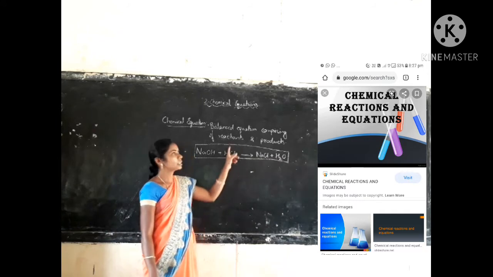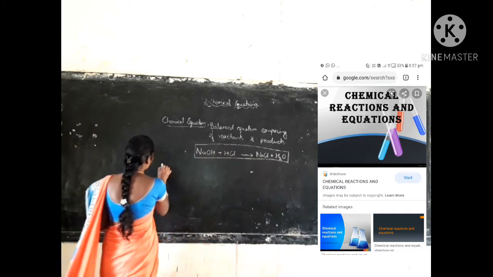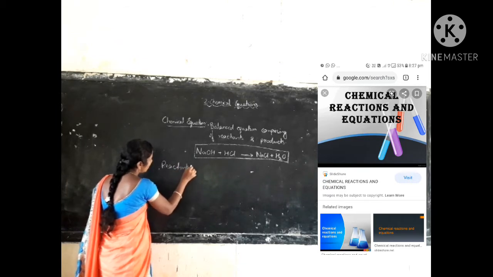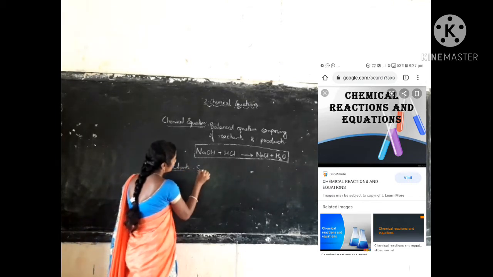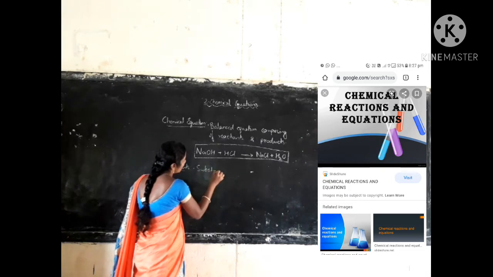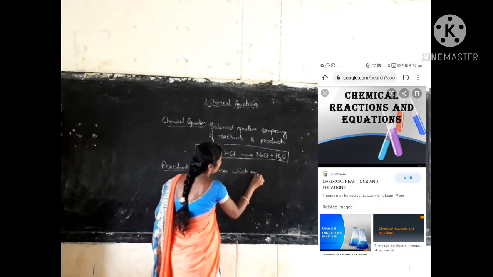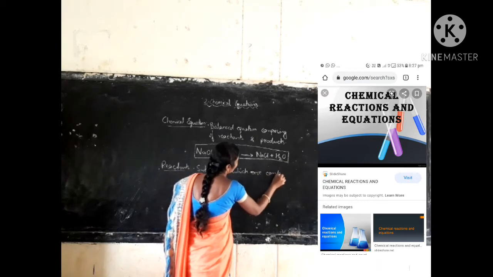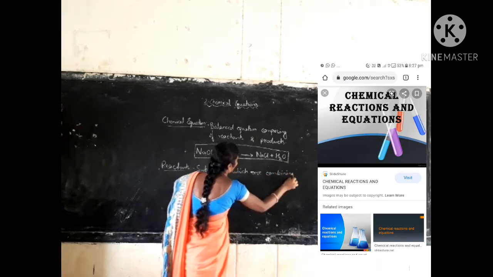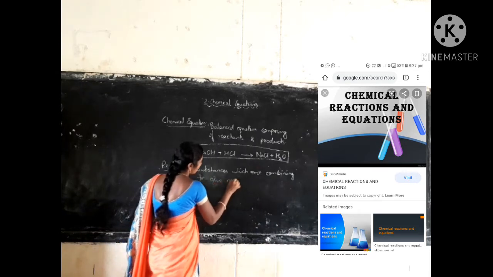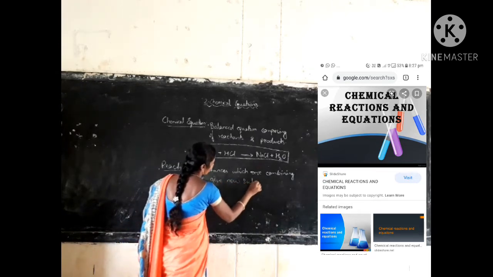Now let us see the definition. What is a reactant? Reactants means the substances which are combining to give new products, new substances.